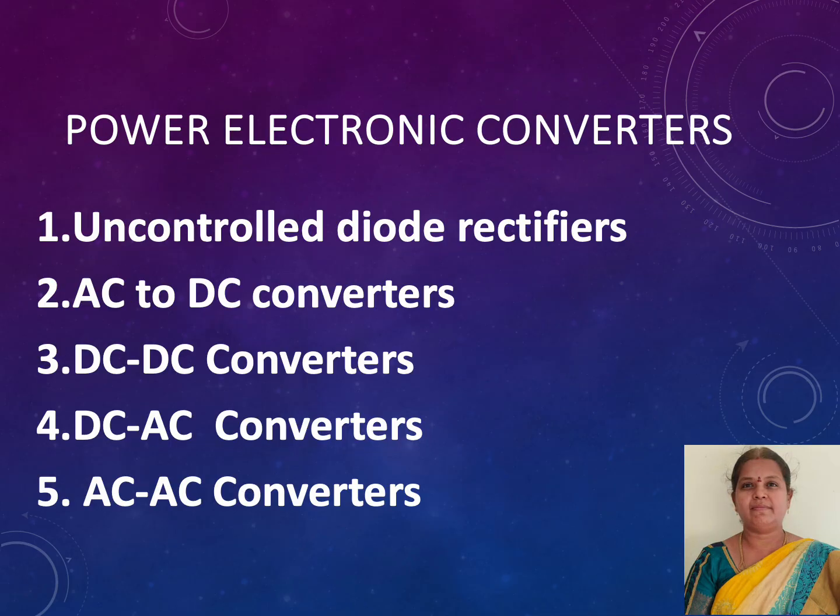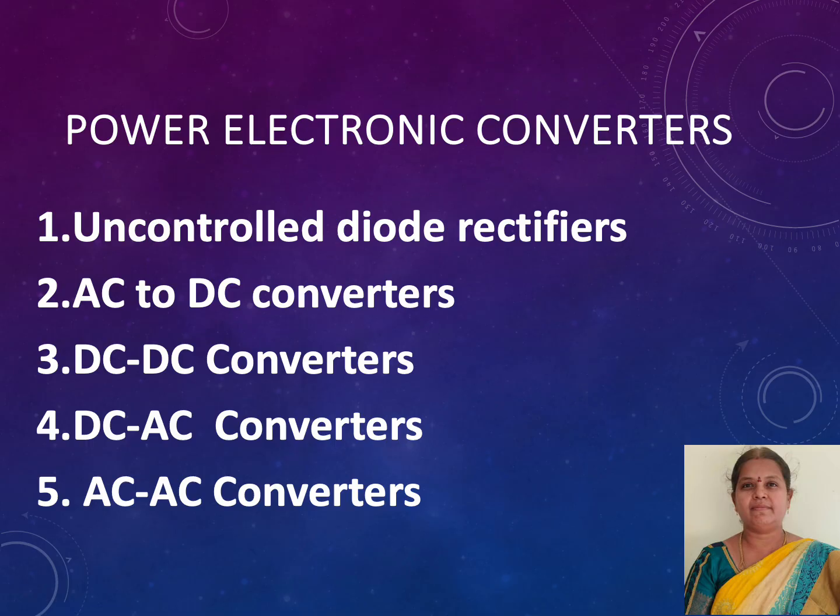Now we will see the various power electronic converter circuits. We have four major categories: AC to DC converter, DC to DC converter, DC to AC converter and AC to AC converter. In case of AC to DC converters, there are two different types: uncontrolled diode rectifiers and controlled converters.